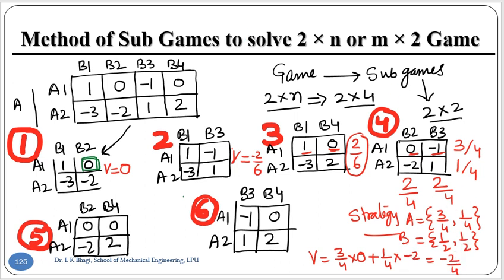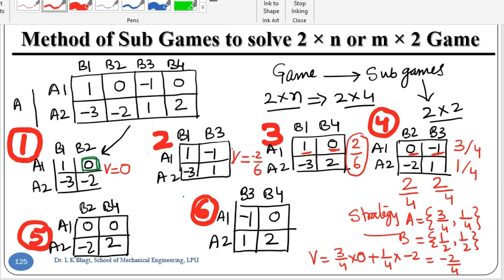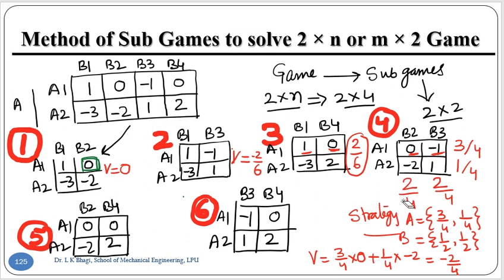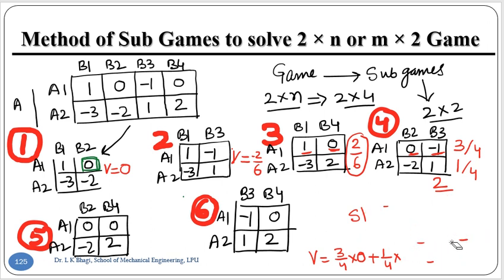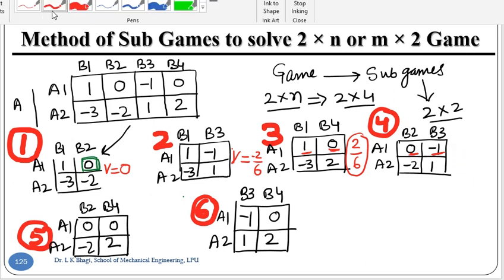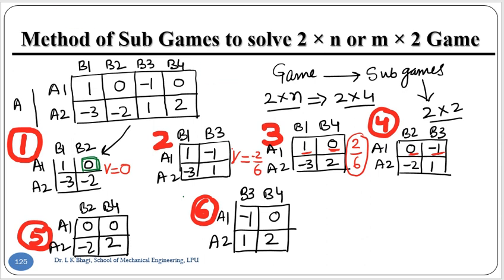Now we can write the value over here. So the value for subgame 4 is minus 2 by 4.